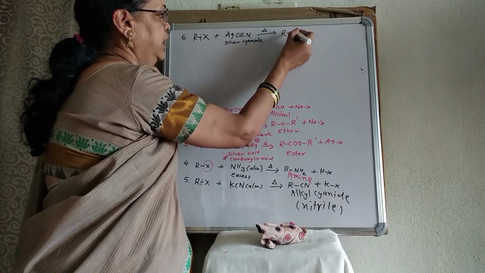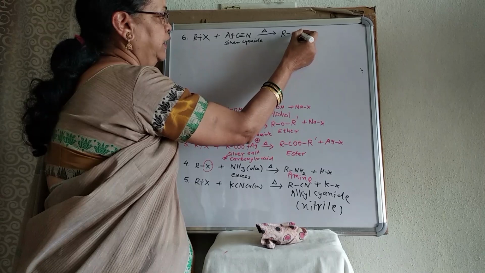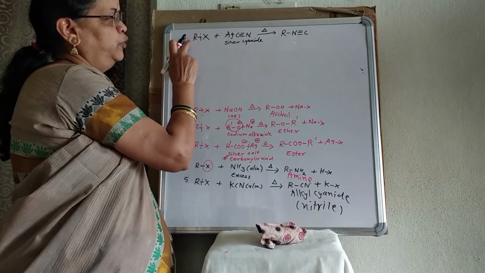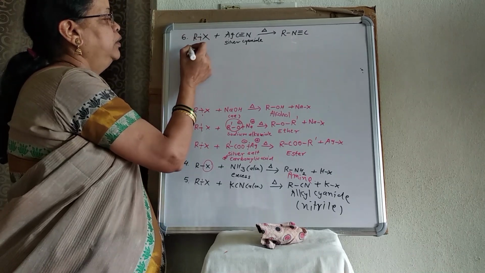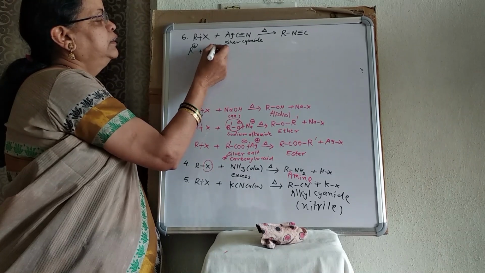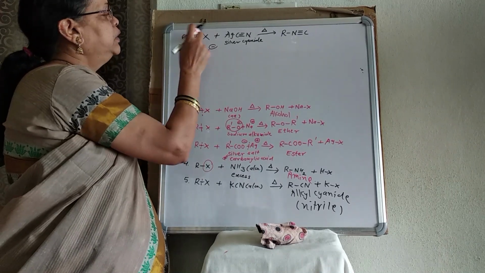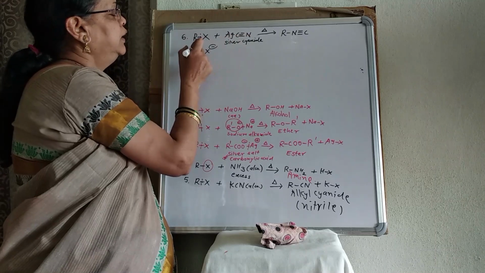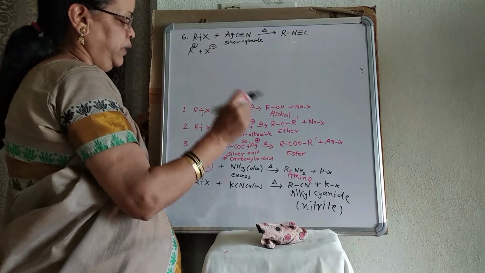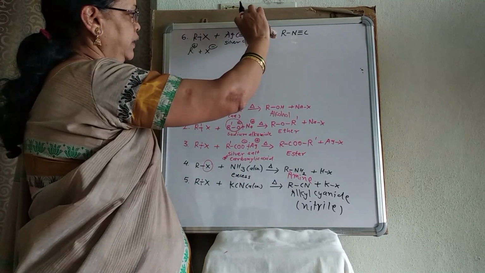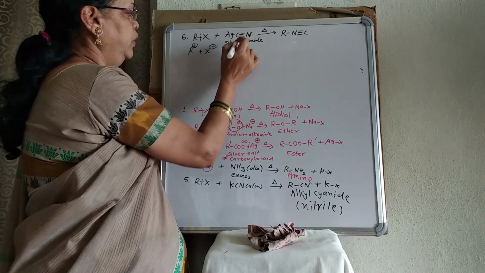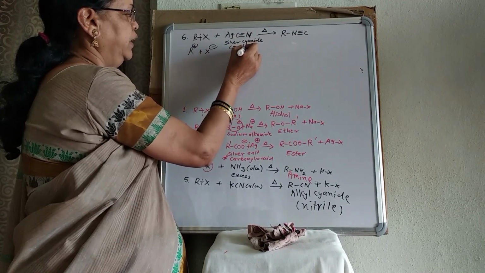Nitrogen, you know, contains an electron pair, and therefore it is able to donate the electron pair to R plus, because in R and X, such type of bond breaking, R plus becomes electron deficient, and therefore the nitrogen electron pair is donated in this way due to the presence of the covalent type of bond here.